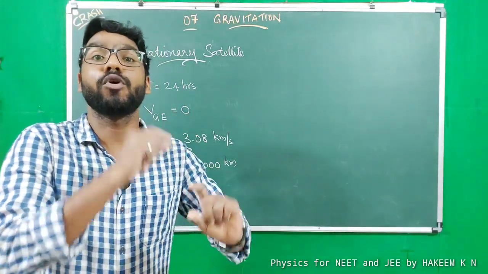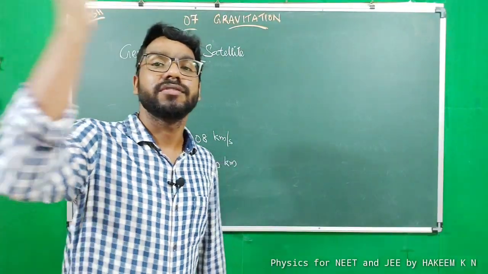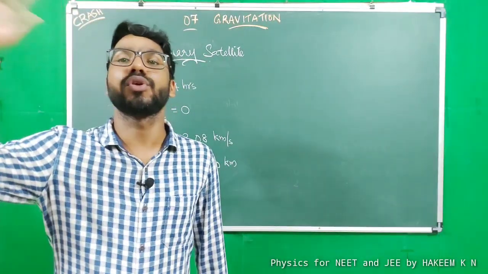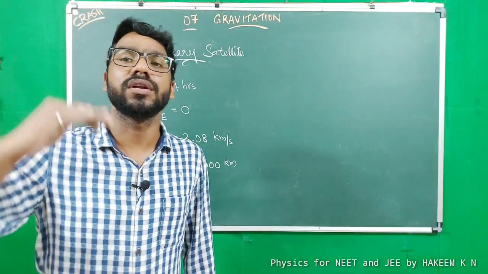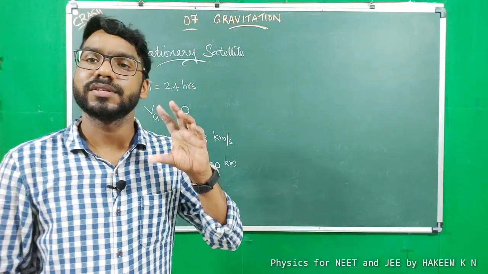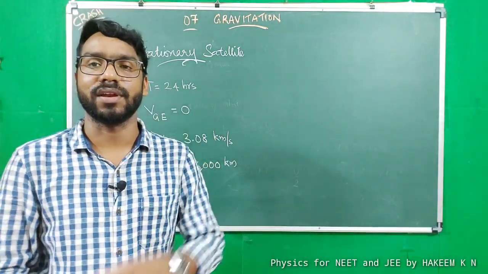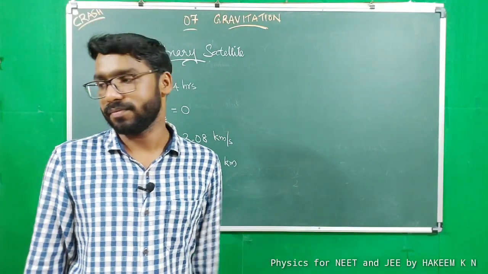But for polar satellites, their sense of rotation is from south to north or north to south, and their height is around 400 to 800 km. Small altitude satellites, they are polar satellites.